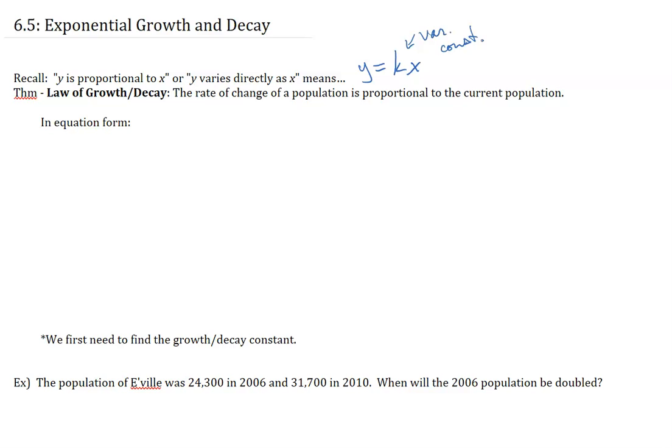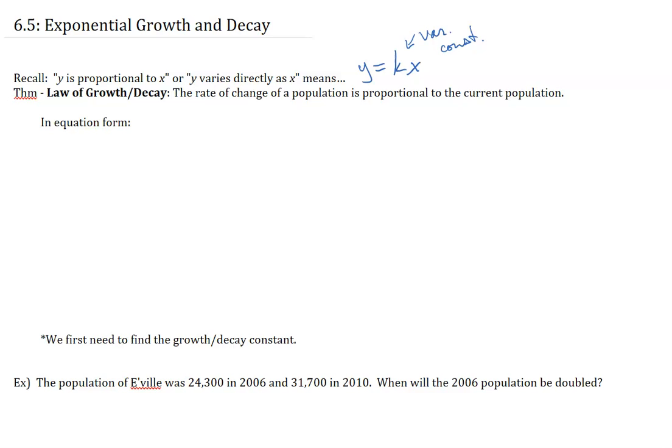Okay, the law of growth or decay says that the rate of change of a population is proportional to the current population. Now, not all populations follow the law of growth, but if the law of growth models a particular population, then we can have a differential equation where rate of change is one of our variables and current population is the other variable.